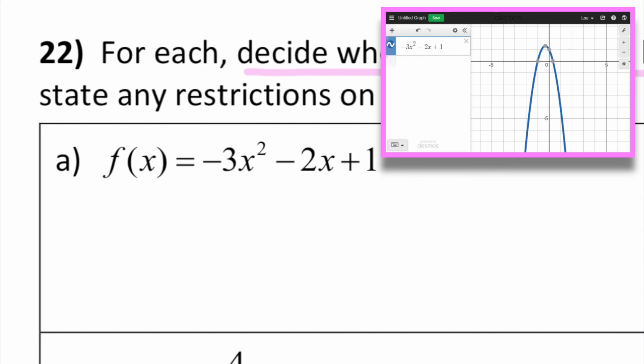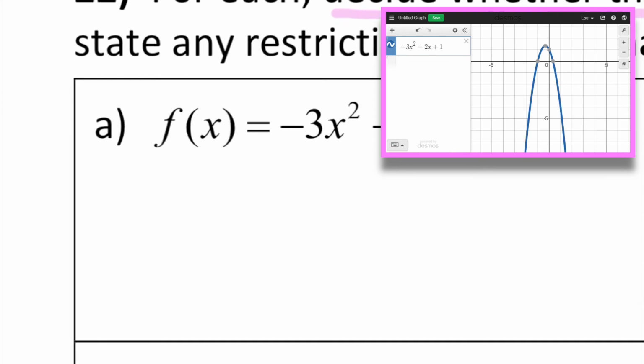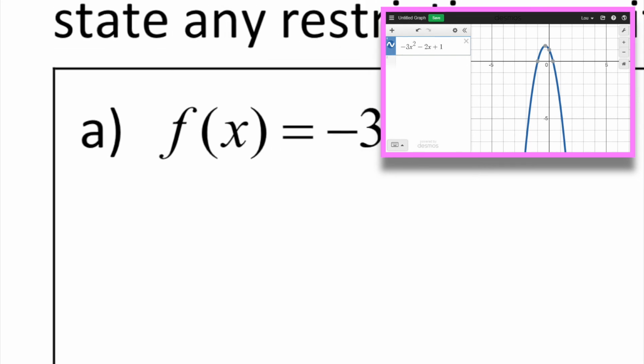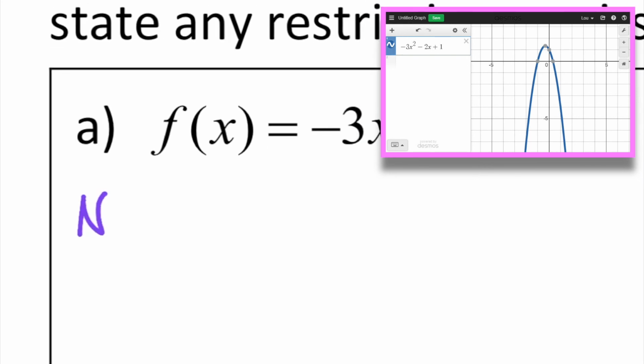And you should be able to see that the graph is a quadratic or a parabola that opens down, and it's definitely not going to pass the horizontal line test, so it's not 1-to-1. And so what you want to say here is that the graph is not 1-to-1.